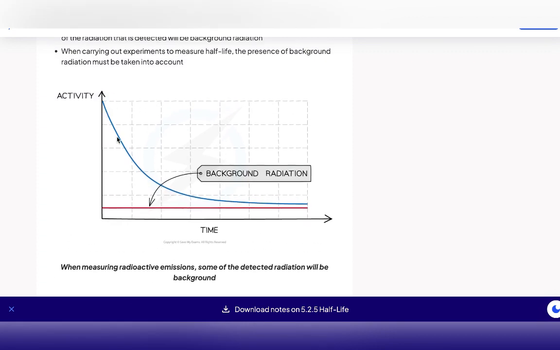Half-life is exponential decay. Okay, the curve plotting activity against time is an exponential decay curve. So here if you look at this, how many boxes? 1, 2, 3, 4, 5. So if you want the half-life, 5 divided by 2, you get 2.5. So I count 1, 2, 2.5 is here. So I draw, where I meet the curve, I draw it down.